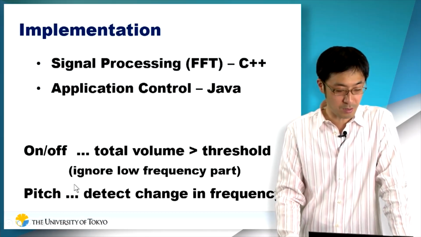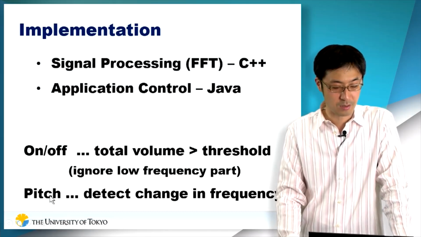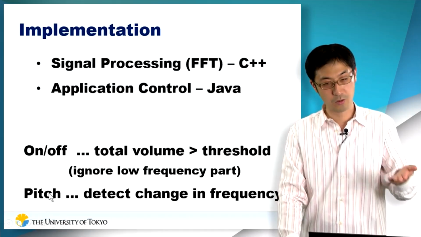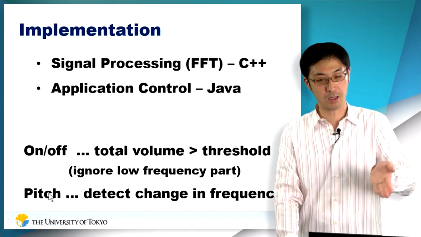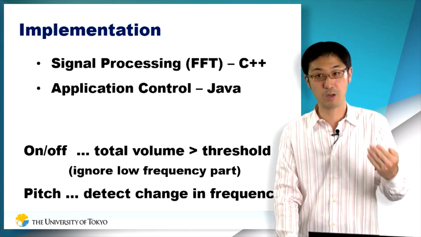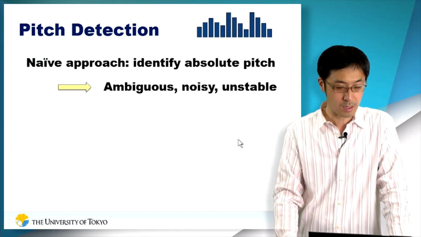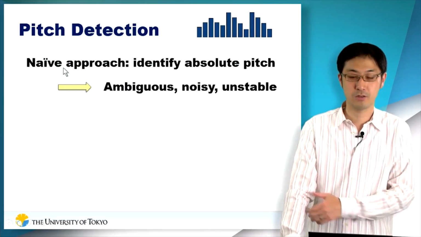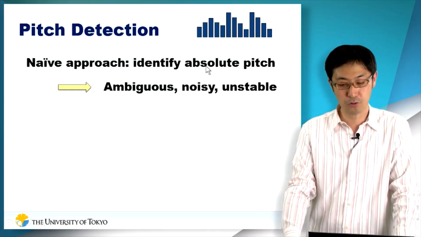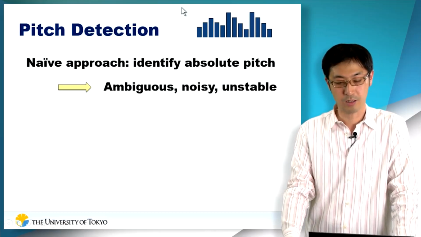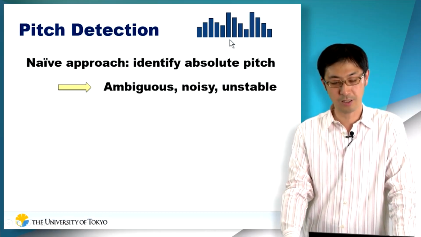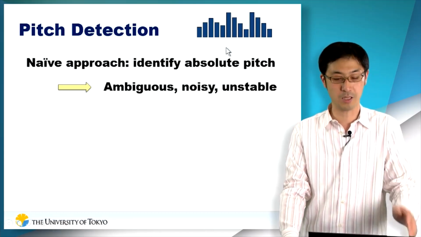And the important part is the pitch detection. We use voice pitch to control a parameter up and down, but this needs to be very stable. A naive approach is to identify the absolute pitch for each voice. So here is the input signal, and we try to identify the dominant pitch.